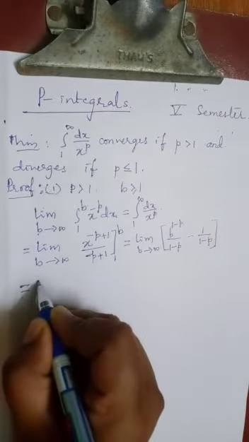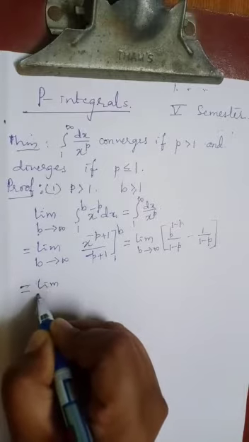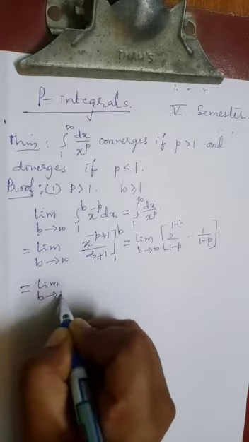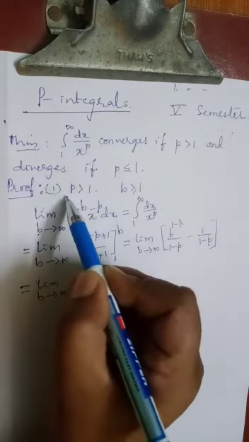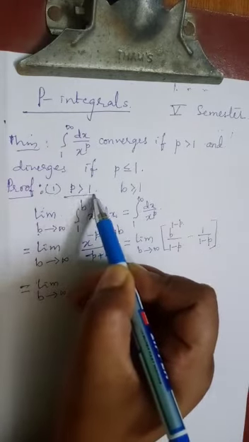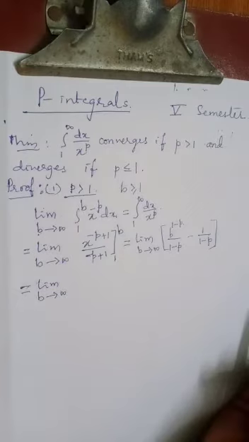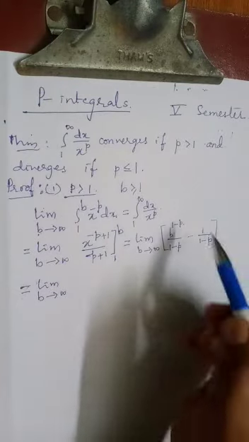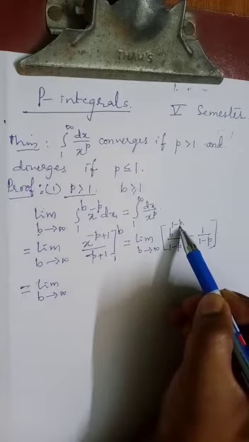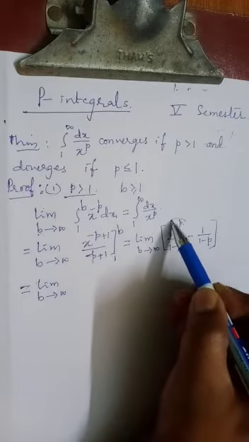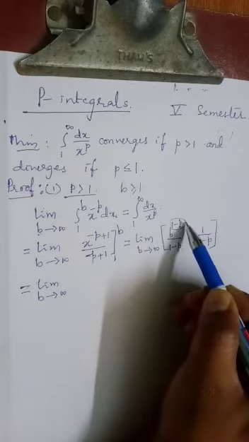Equals the limit as b tends to infinity of, given the value for p is greater than 1, if p is greater than 1 then this exponent becomes negative.